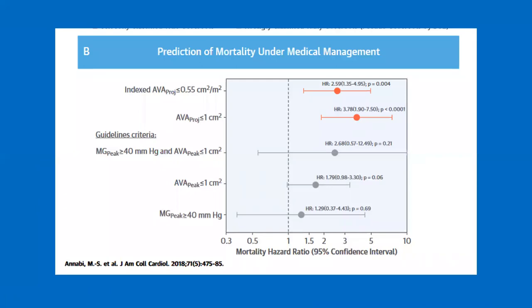Just to give an example that shows its great predictive value, in this recent study, the hazard ratio for mortality in patients under medical treatment shows that the hazard ratios of indexed and unindexed projected aortic valve area are much higher than that of aortic valve area less than 1 centimeter squared. The mean gradient didn't even come out significant from this standpoint.